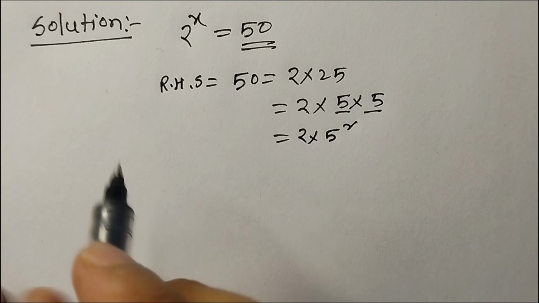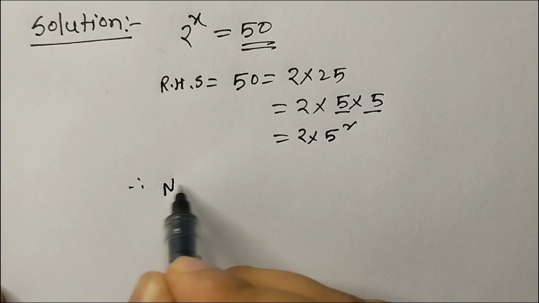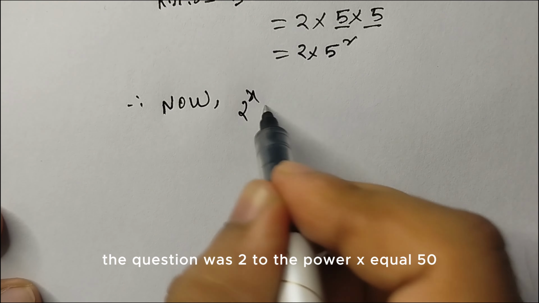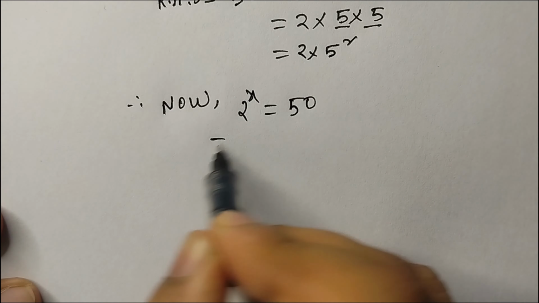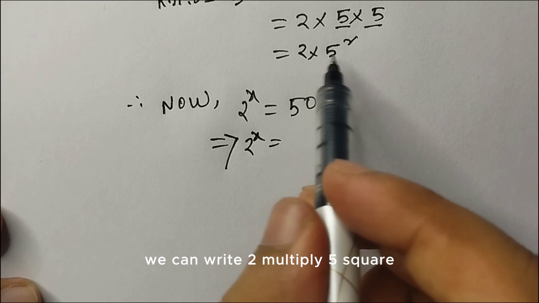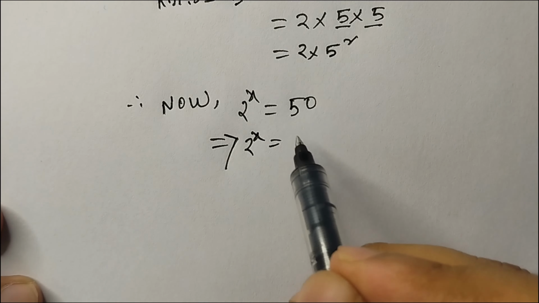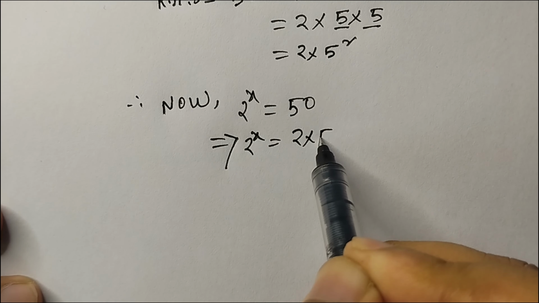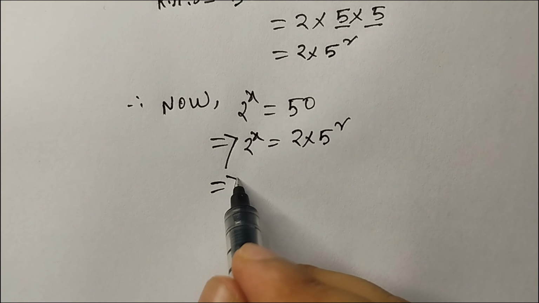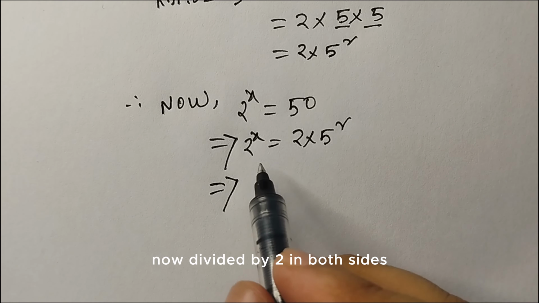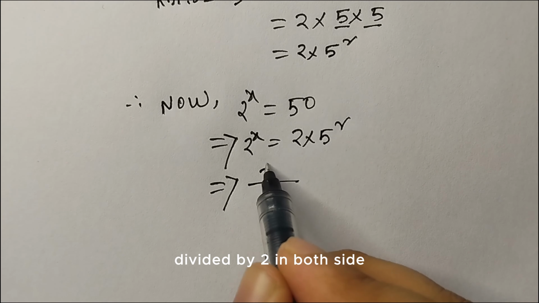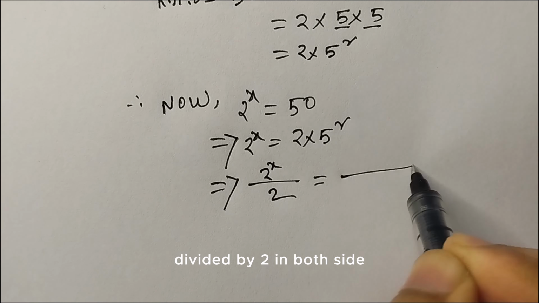Now, the question was 2 to the power x equals 50. So we can write 2 multiplied by 5 squared. Now divide by 2 on both sides.